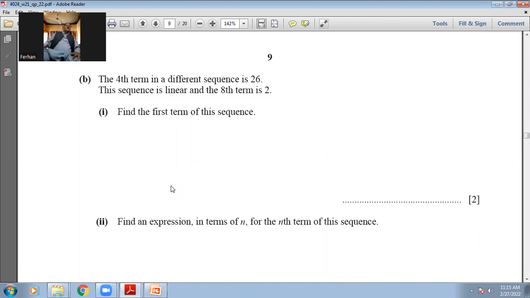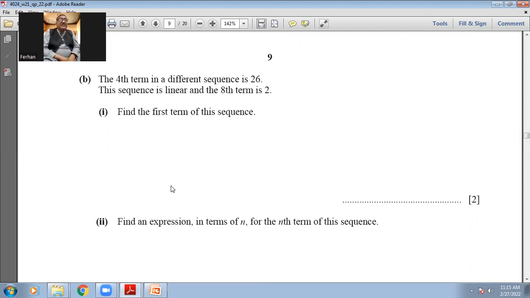Okay, so we have another sequence, and the sequence is linear. So I can say it will be a plus d bracket n minus 1, and the fourth term means the n value is 4.